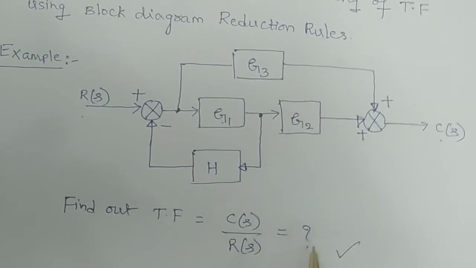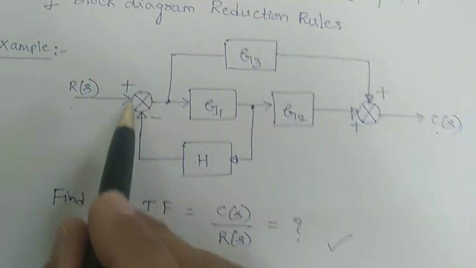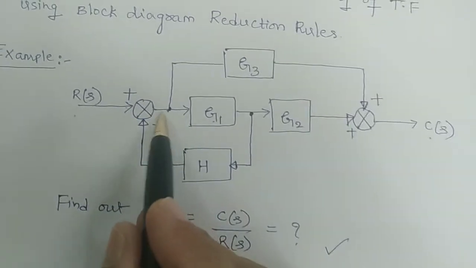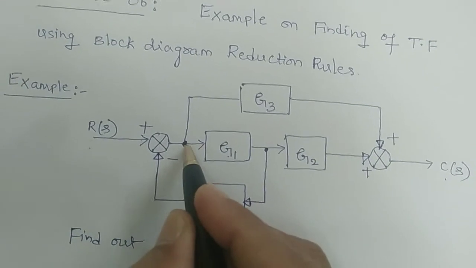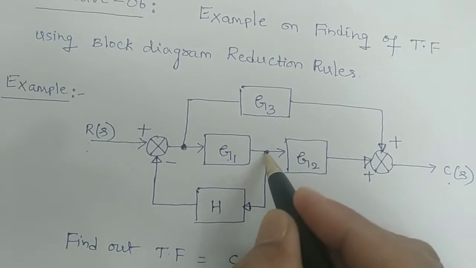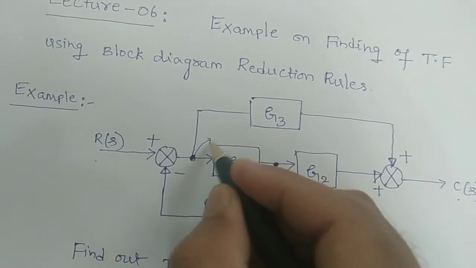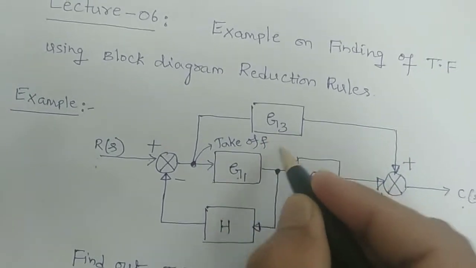If you carefully see this problem, this is your input signal, this is a summer point, and this point is called a takeoff point. This point as well as this point, these are called takeoff points.